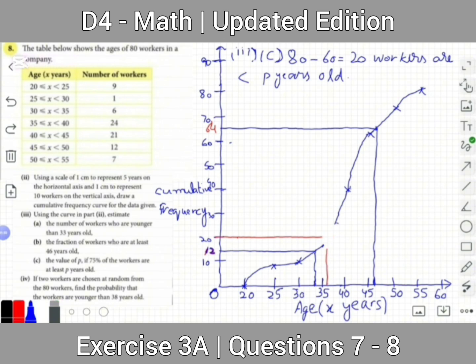So from the curve we have the reading 36. So from the curve, the value of P is equals to 36.